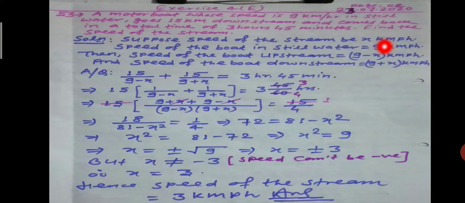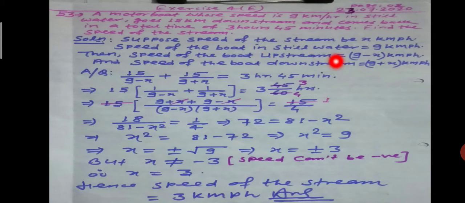Suppose the speed of the stream be x km per hour, then the speed of the boat in still water is 9 km per hour, as given in the question. When we are going to find the speed of the boat in upstream, we have to subtract the speed of the stream from the speed of the boat in still water.